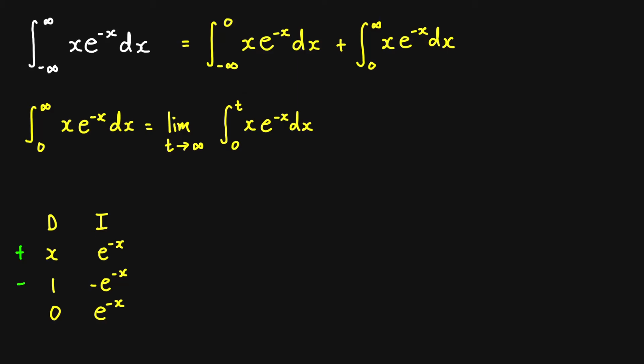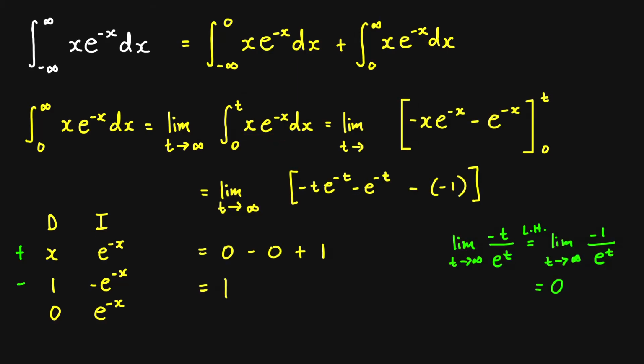So we'll get an antiderivative of x e to the negative x, which is equal to this product here, x times negative e to the negative x, and then minus this product here, which is e to the negative x. So plugging in t first, we'll get this expression here, and then minus, when we plug in 0, we'll get here 0, and then minus 1, so that is negative 1.